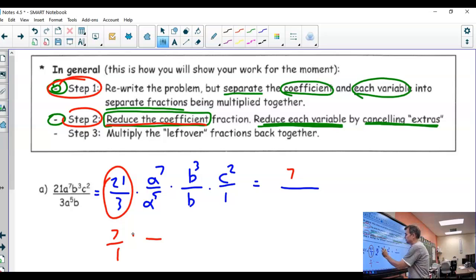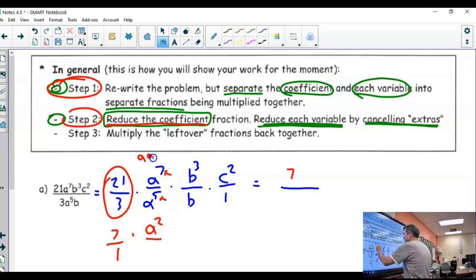Because there's more A's on top, 7 of them, than there are on the bottom. And how many are going to be left over? Well, if there's 5 A's on the bottom, then after crossing out 5 of them, I run out on the bottom. And if I cross out 5 A's on top, how many will be left? That's right, 2 of them.